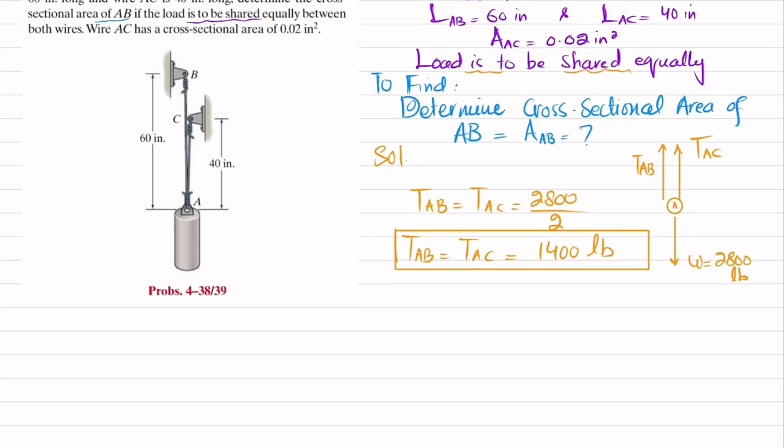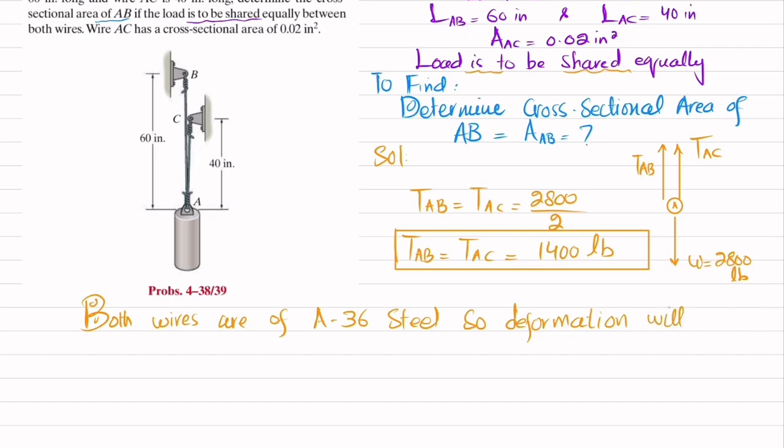Since both wires are of A36 steel, the deformation will be the same in both, because the load is also the same. So the deformation of AB will be equal to the deformation of AC.